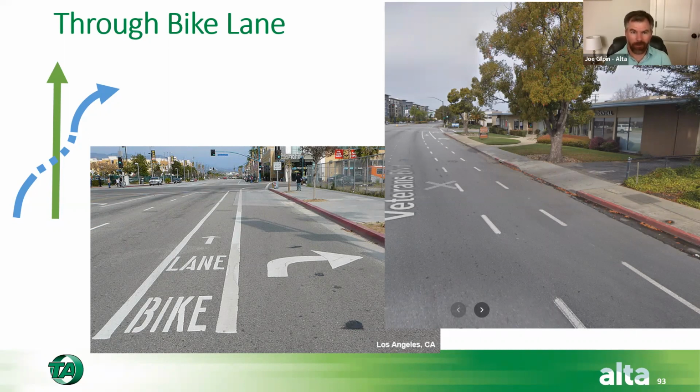Now, any of the traffic engineers in the room right now might know that a lot of times we size our right turn lanes by the volumes that are out there. And so if you have a heavy right turn volume, you could end up with a very long transition area, or a very long stretch where motorists might be passing a bicyclist on both sides of that bike lane.